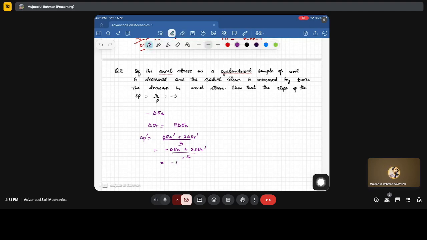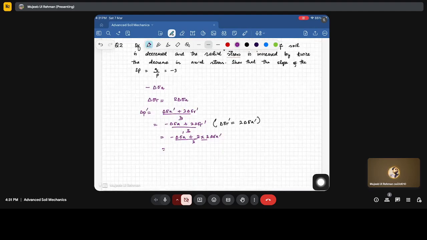So it's minus delta sigma A plus 2 into, here it is radial stress, and we have to replace delta sigma R, which is equal to 2 times delta sigma A dash. So 2 times 2 delta sigma A dash is 4, 4 minus 1 is 3, divided by 3, it will be delta sigma A dash simply.